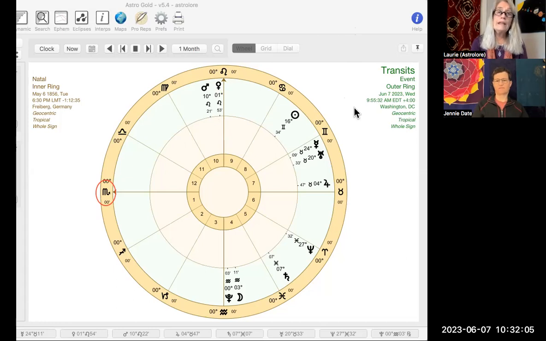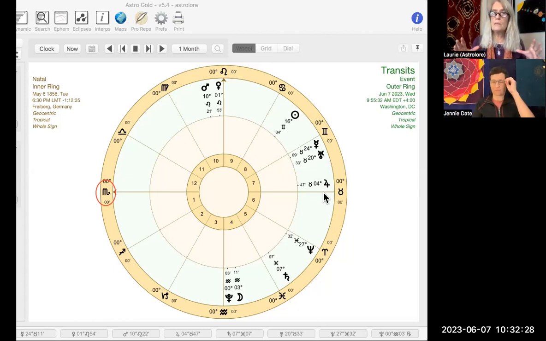Okay. And then after that, we move to Jupiter. And Jupiter is quite a bit slower than Mars. As a real simple generalization, the Sun, Mercury, and Venus are approximately a 1-year cycle. Mars is approximately a 2-year cycle. Jupiter, all of a sudden, we jump to a 12-year cycle.